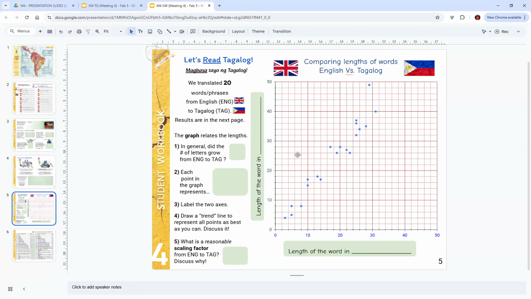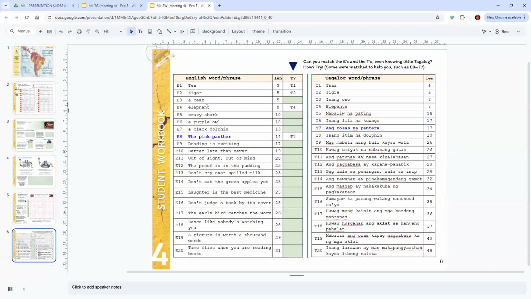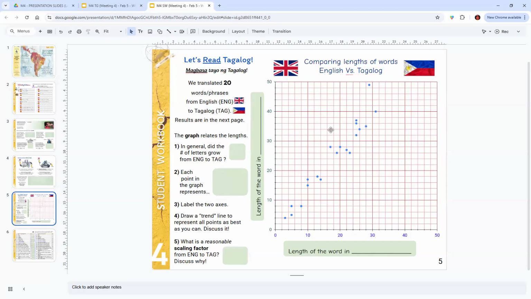So whoever built this graph had two words or phrases, one in English, one in Tagalog, and applied this, found the length. So it's important to know that these 20 points are beyond the language, they are the concepts, right? So for example, elephant or elefante, we don't care, we have a point for that animal there, the meaning itself.